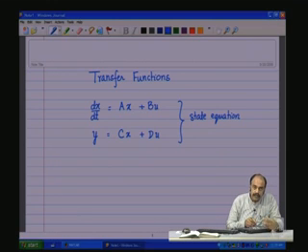If there are more than one state, x itself will be a state vector, and if there is more than one input, u will be an input vector, A will be a matrix, B will be a matrix, so also C and D. Now, this is the state equation that we know how to obtain for any given circuit.